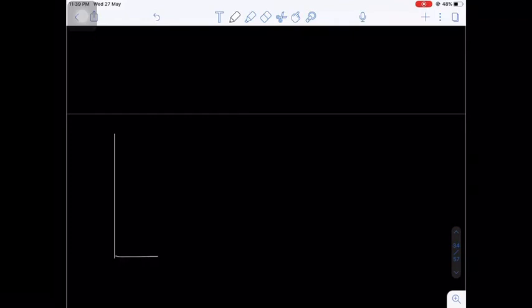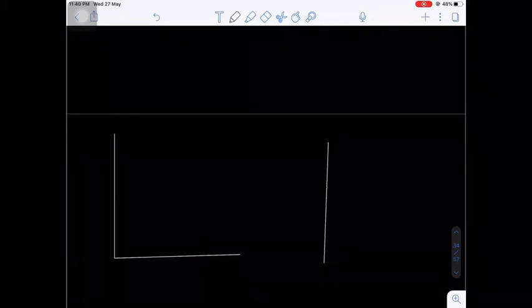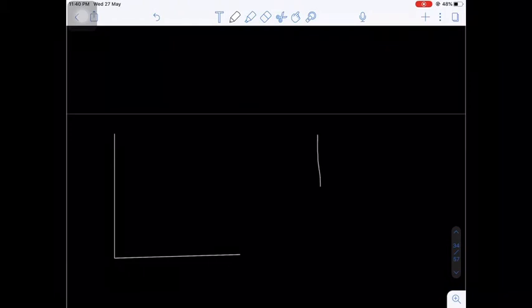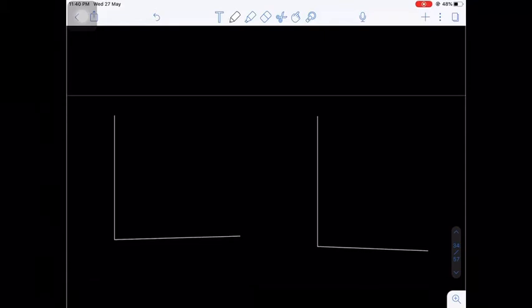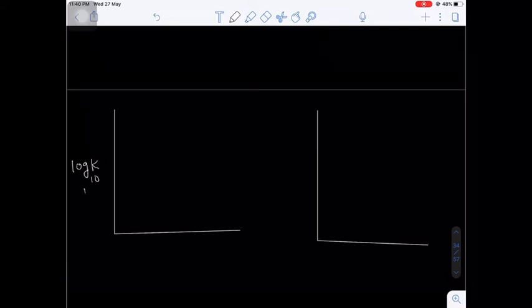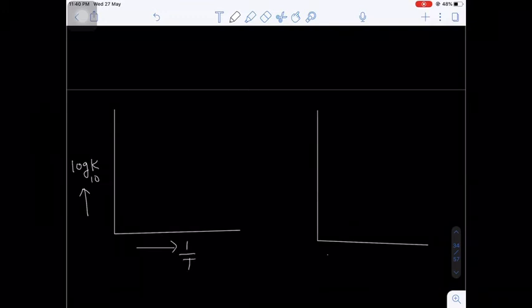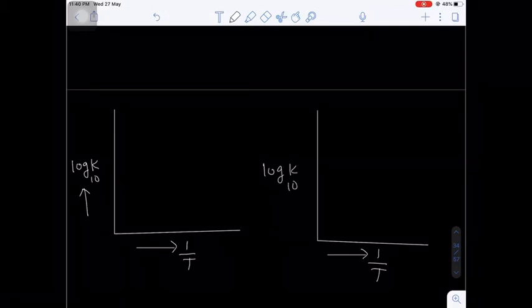Now here I am drawing a graph between log K versus 1 by temperature. This is log K to the base 10 versus 1 by T.